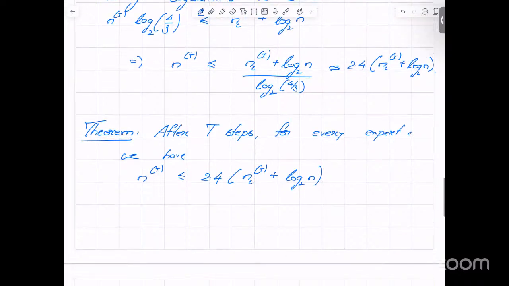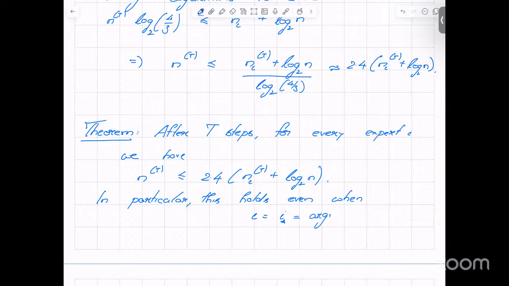And in particular, this holds even when i is equal to i star, which is the argmin of the number of mistakes m_i^t. Even for the expert which commits the minimum number of errors, it's more or less the same.